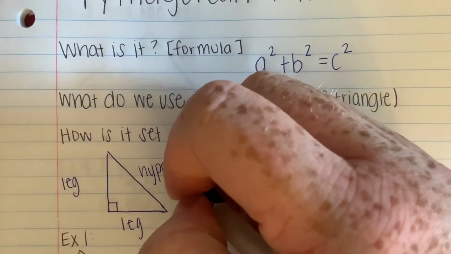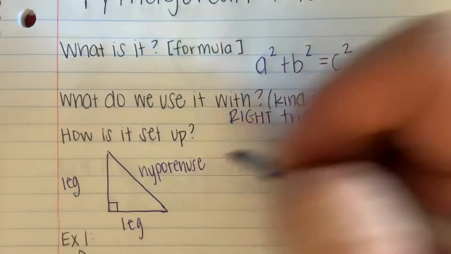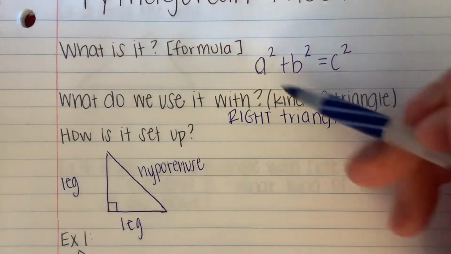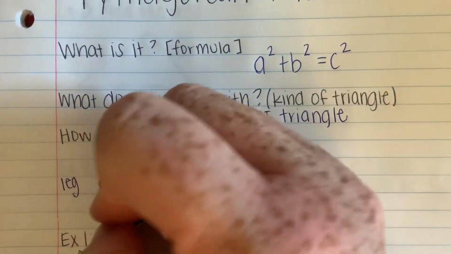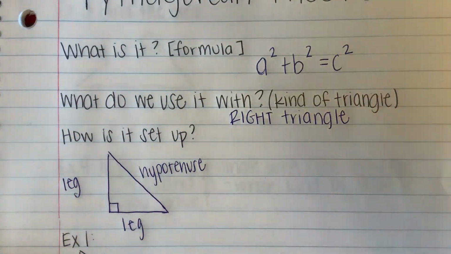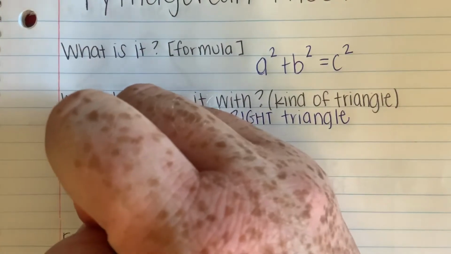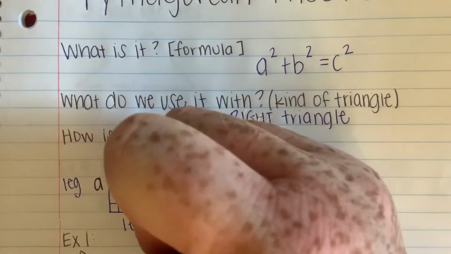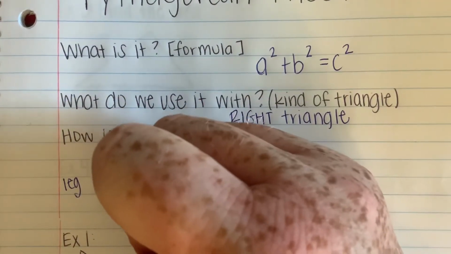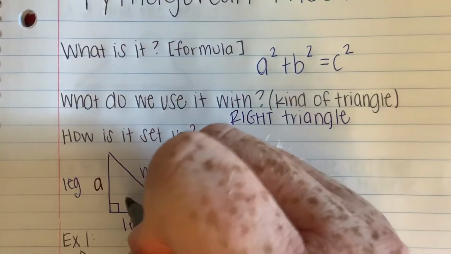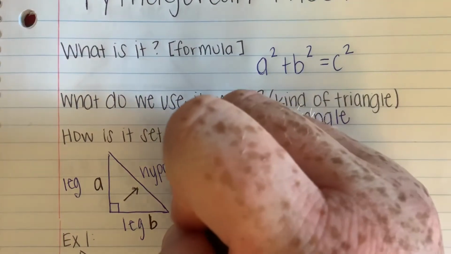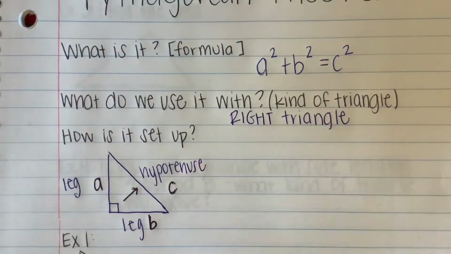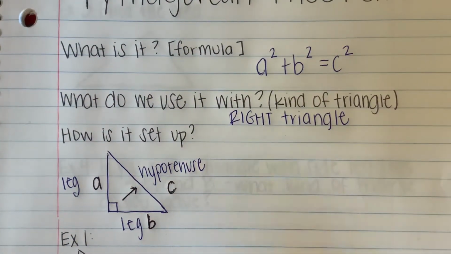Hopefully you remember that it's called the hypotenuse. But again, how do these letters fit in? You realize that our legs are the A and the B, and the hypotenuse, which is always across from the right angle, is going to be side C. And you'll see that here again in a second.